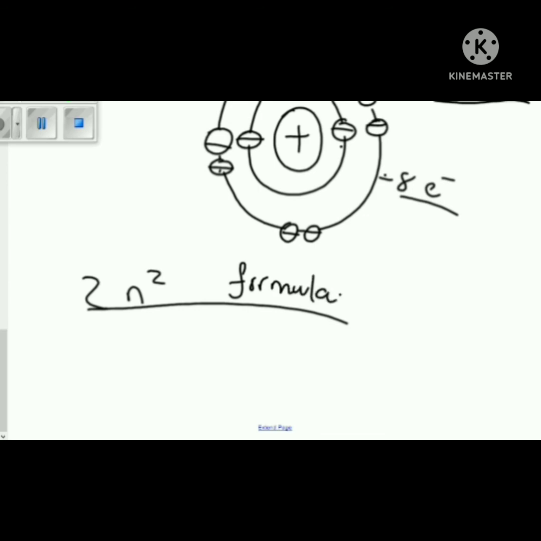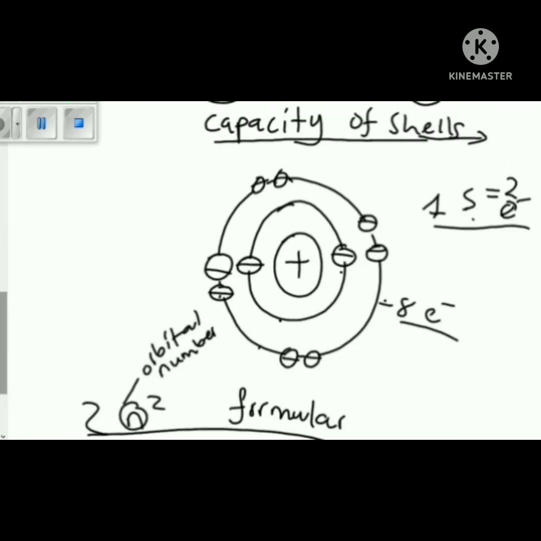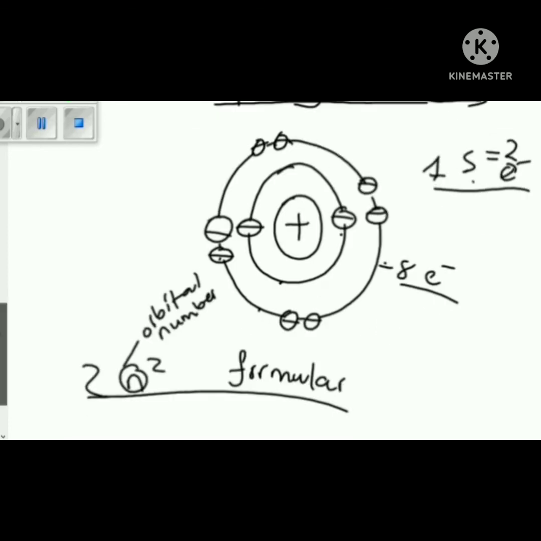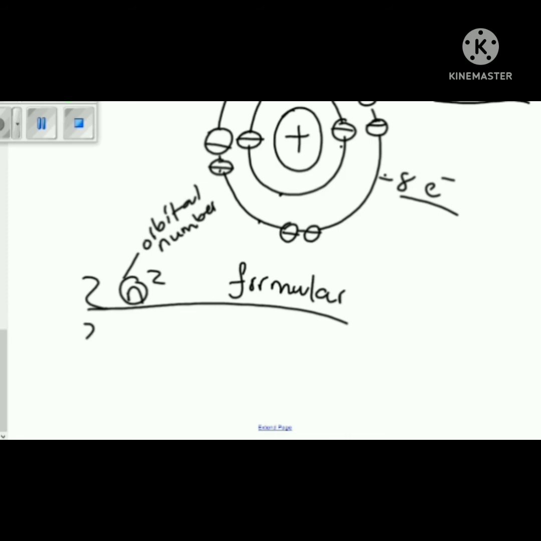This is actually a formula. Here you can see this is orbital number 1, orbital number 2. So let's prove this formula correct by substituting orbital 1. We're talking about orbital number 1 squared, and you get 2 times 1 equals 2 electrons. This means orbital number 1 can only hold a maximum of 2 electrons.